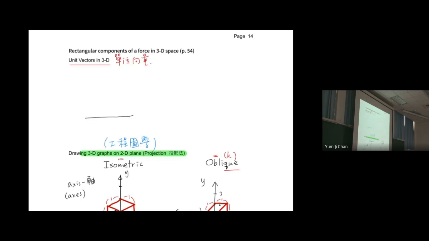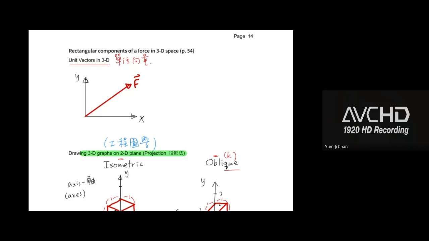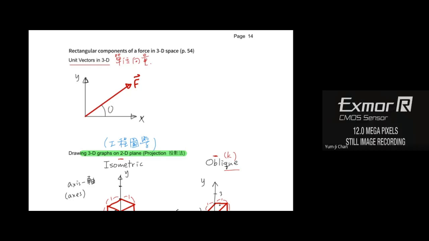But before we go on, let's have a discussion on some relationships. Let's begin with 2D. We have a force here, and I think last Thursday we talked about this angle theta, right?